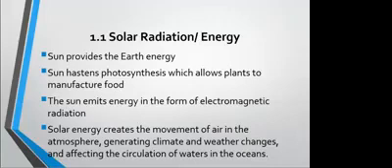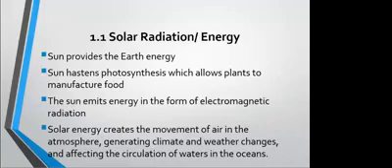They can't live without solar energy or sunlight, because it's where they manufacture their own food. The sun hastens photosynthesis, which allows plants to manufacture food. And the sun emits energy in the form of electromagnetic radiation.